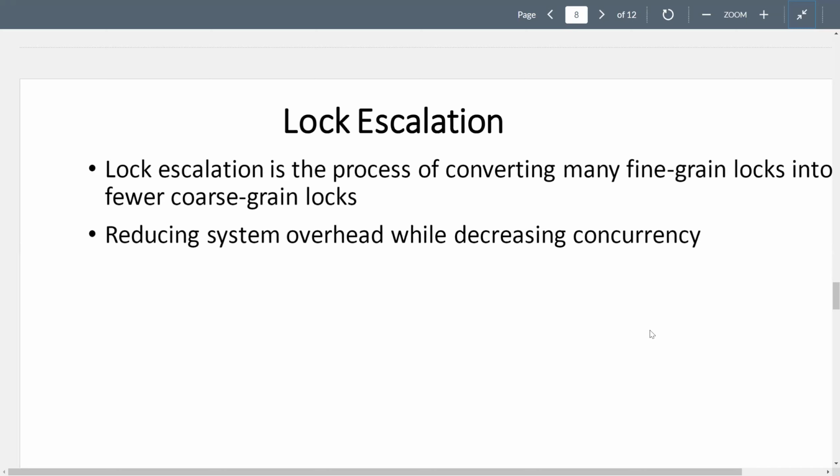Instead of just locking up one record, it might lock up a bunch of records. It might lock up the entire table, depending on the situation. So lock escalation will decrease the overhead. It will also decrease the concurrency of the database management system. But ideally, it will decrease the overhead, and though it may decrease concurrency, the throughput will increase, or at least stay the same, right?